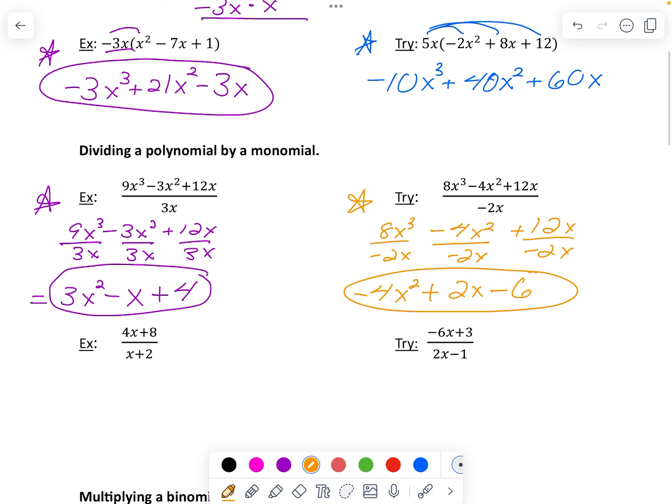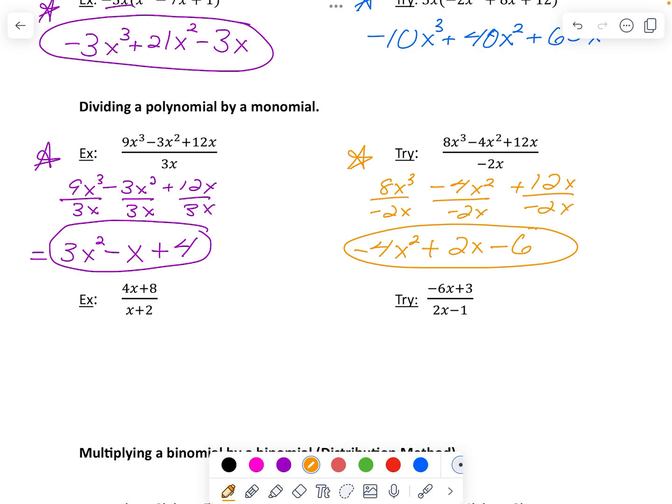Now, these last two here are a little tricky. Right now it doesn't look like we can divide. But what we can do is reverse distribute, what we call factoring.